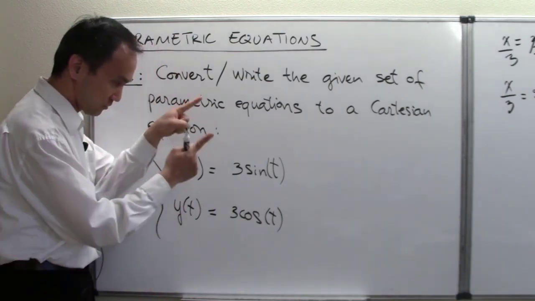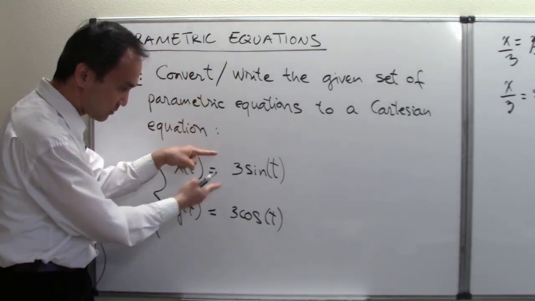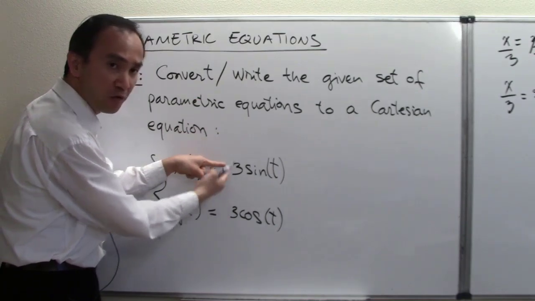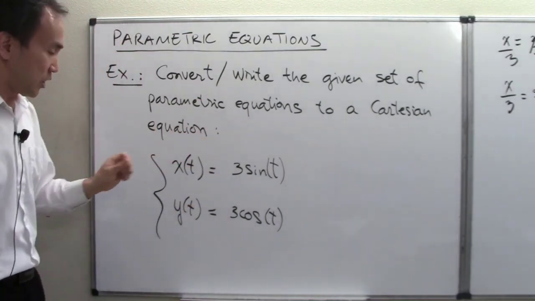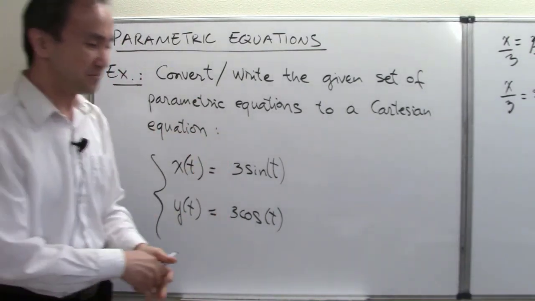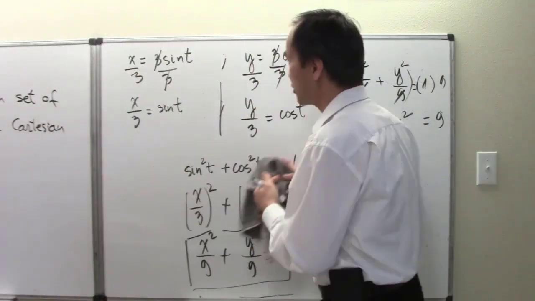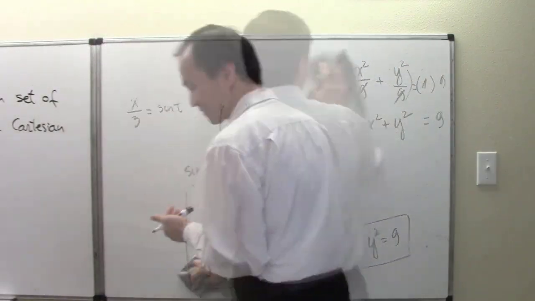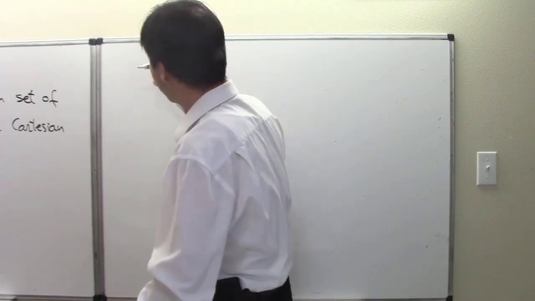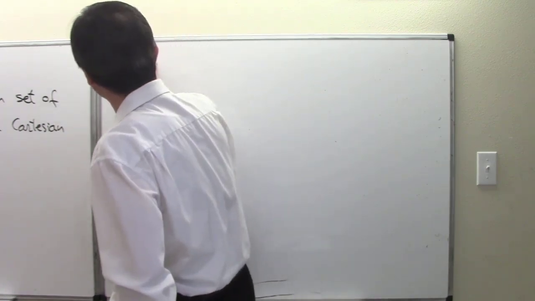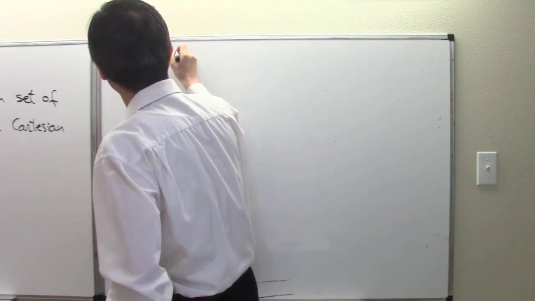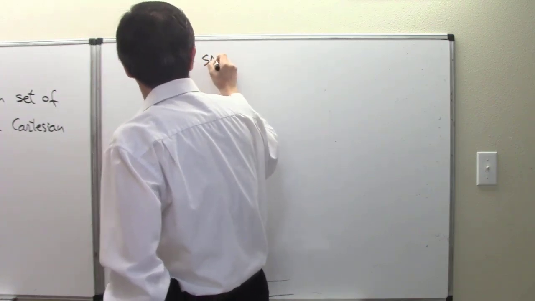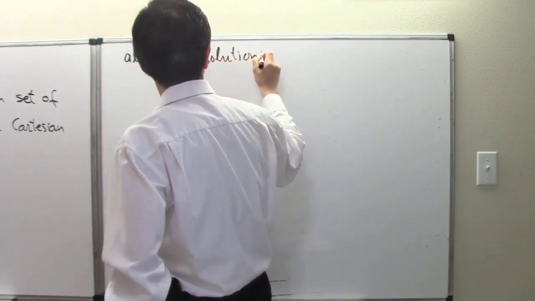But what's special about this problem? It has the equal coefficient in front. So I'm talking about having an alternative solution right here, a different way of approaching it.